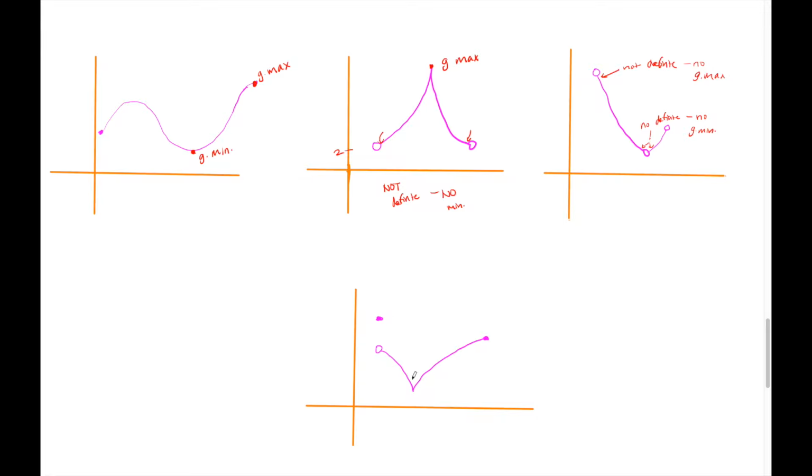And fourth example, now our lowest y value or global min is right here. As for our global max, even though it's not consistent with the extreme value theorem, over here is still a critical point, and it is the highest point, so it is our global max.